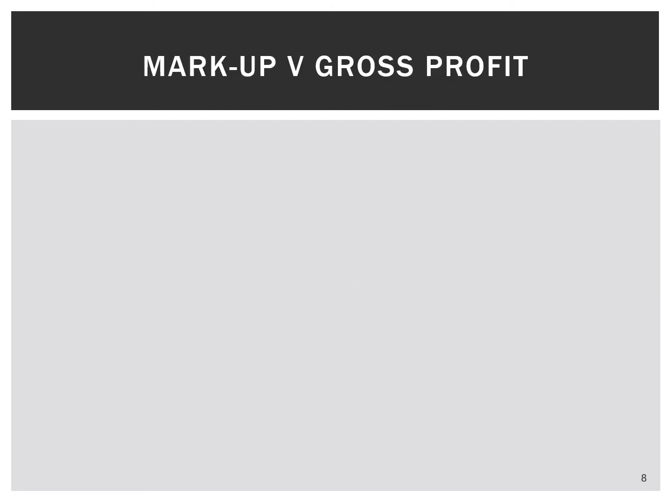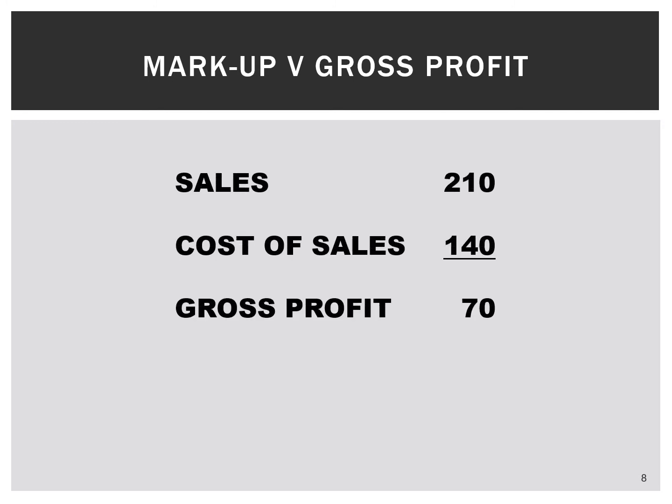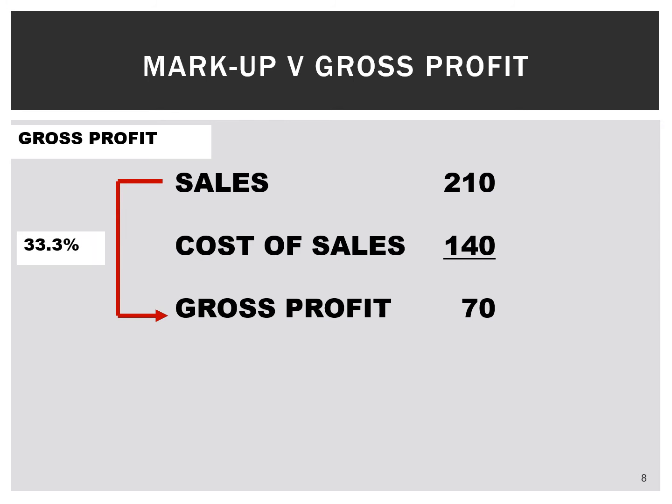So here's just a quick reminder of the differences between markup and gross profit. Here we've got sales of 210, cost of sales of 140, and a gross profit of 70. The gross profit percentage, the gross margin, expresses the gross profit figure as a percentage of the sales figure, and in this case it's a third, 33 1/3%.